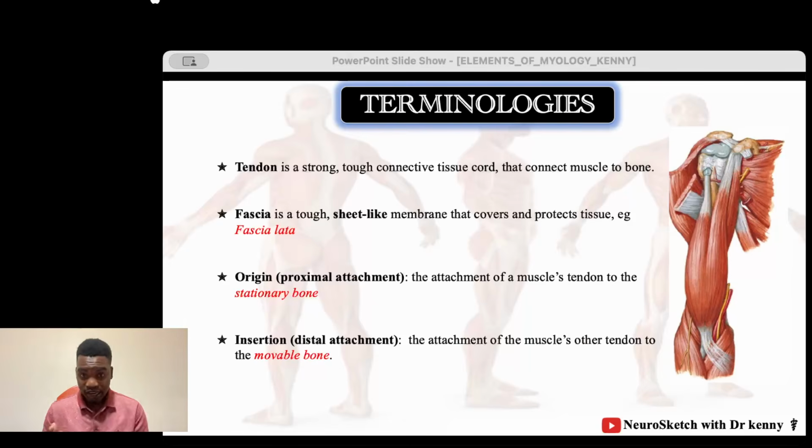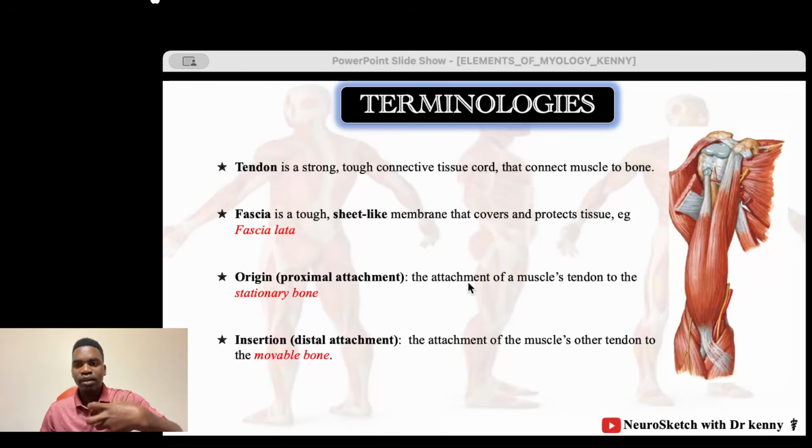A muscle has two important attachments, the origin and the insertion. The origin of a muscle is the bone from which the muscle originates, and most of the time this bone is immovable, stationary.